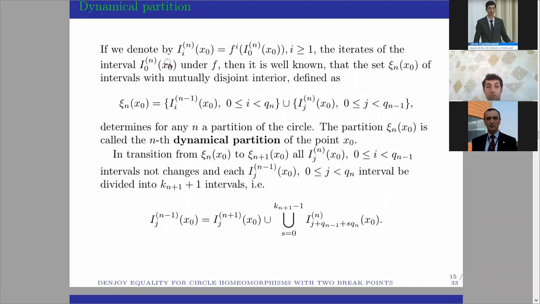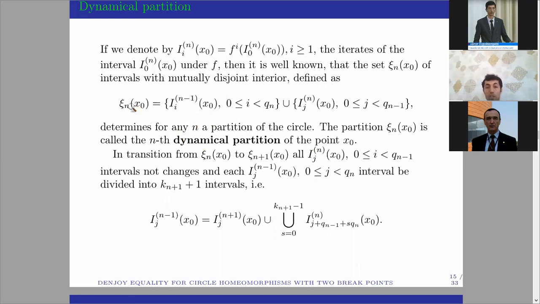And denote by I_n^i the i-th iteration of I_n^0, and then consider the set C_n(x0), which is the union of just two types of intervals, which determines the partition of the circle and is called the nth dynamical partition of the point x0.